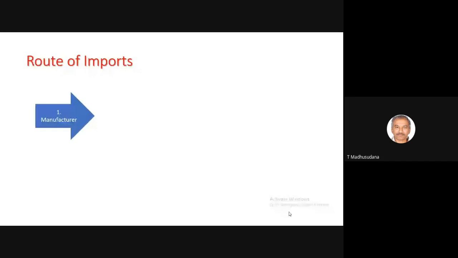Okay. So after manufacturing, the manufacturer will hand over the goods to the supplier. The supplier will take goods from the manufacturer. The goods have been transferred from manufacturer to the supplier. The supplier will go to the shipping company, that is a port, shipping port.